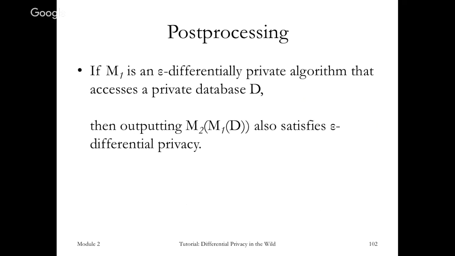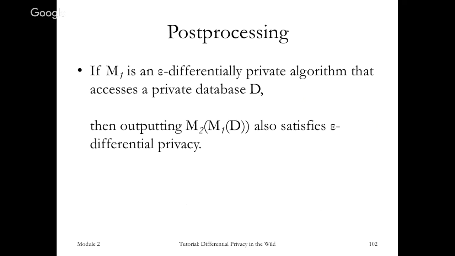It's just going to operate on the output of M1, and it can do whatever it wants. This is in contrast to, say, k-anonymity, which Ashwin described in the beginning, where you can take the output of k-anonymity, do some additional post-processing and get back private information. This basically says you can do whatever you want with the output, and you won't break the differential privacy guarantee.